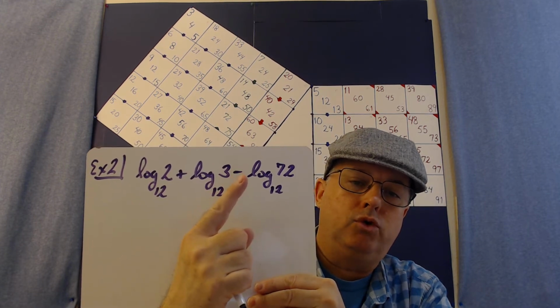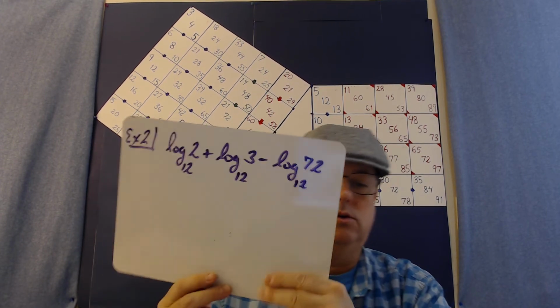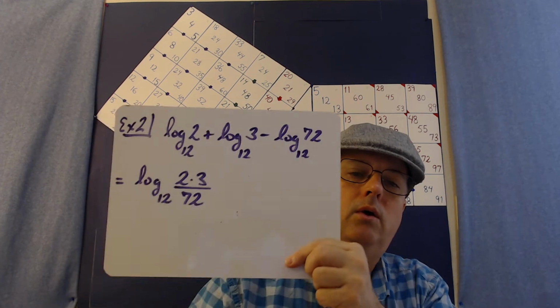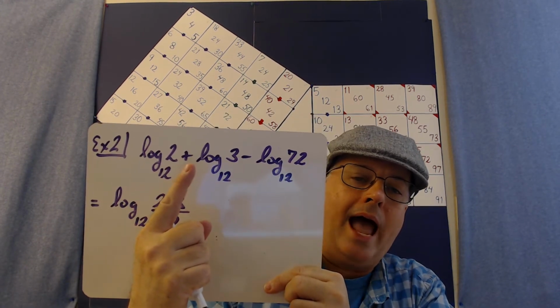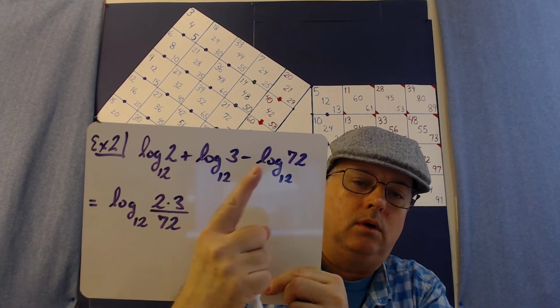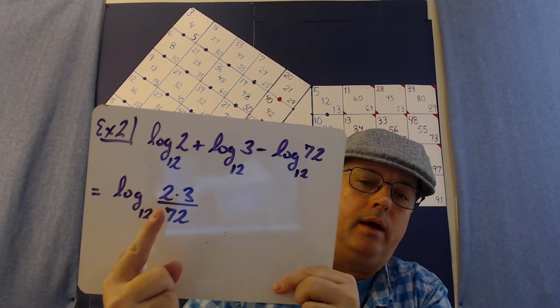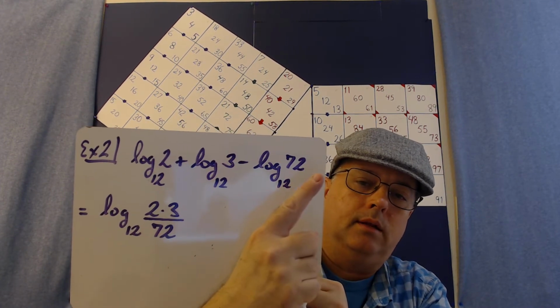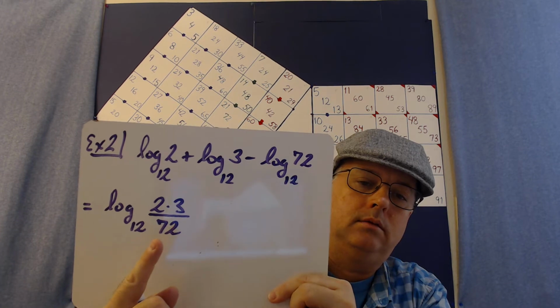And when we were subtracting, that means we're dividing. So let's compress this. So we have log base 12 of 2 times 3 divided by 72. Okay, so when we're adding the logarithms, the arguments are being multiplied. And when we're subtracting, then the argument is being divided.